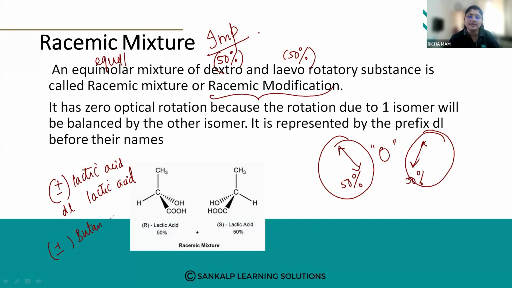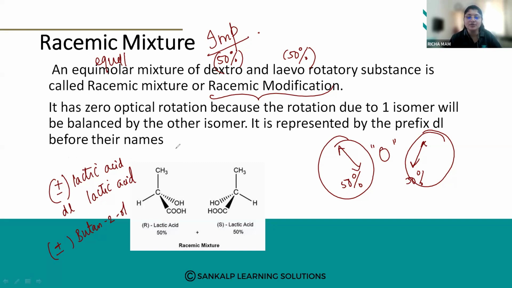So these are examples of a racemic mixture. 50% equimolar, present in equal amounts, that is 50% dextro, 50% levo. So what is the optical rotation of a racemic mixture? It is 0, because the rotation created by one isomer is balanced by the rotation of the other isomer.